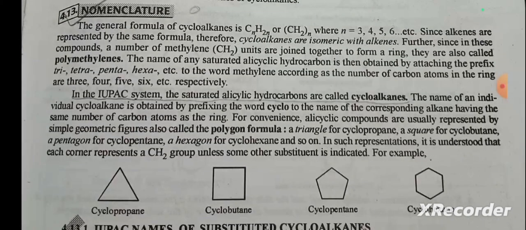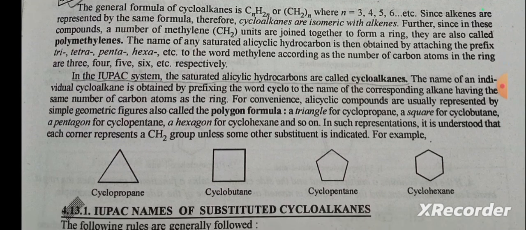Nomenclature. The general formula of cycloalkane is CnH2n or (CH2)n, where n is 3, 4, 5, 6, etc. Since the alkenes are represented by the same formula, cycloalkanes are isomeric with the alkenes. Further, since in these compounds a number of methylene units are joined together to form a ring, they are also called polymethylenes.